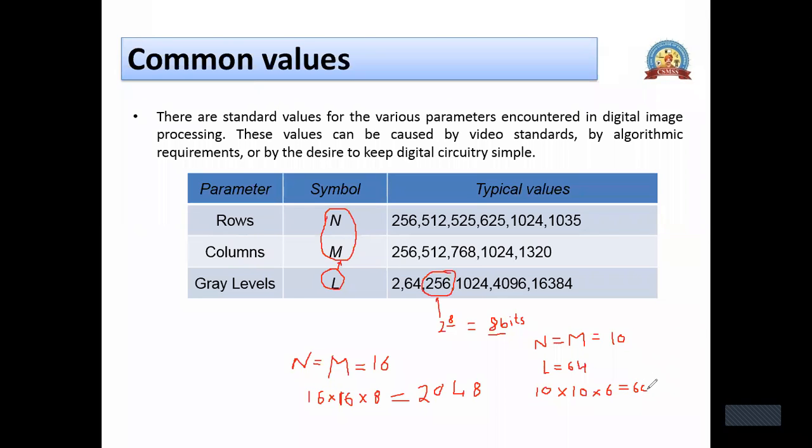So why I took this example is you can see that if we decrease the number of levels, then the size or the memory required changes, even though we are keeping the resolution. If we say 16 by 16 here, M and N, 16 by 16, then we have this. So we are keeping the same 16 by 16 image, and now we are trying to do this. Okay. So let's see what we have here.